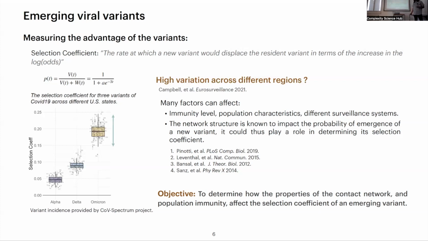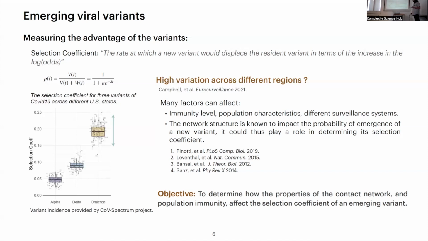So our question is, assuming a network structure, how can we model the behavior of selection coefficient with respect to the structure of network? And does this model explain this geographical diversity or not?